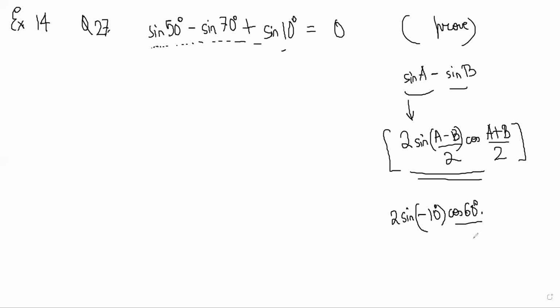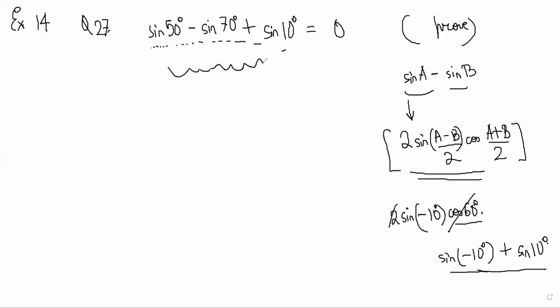What is that? Half. So it cancels the 2. So you have sine of minus 10 degree plus sine of 10 degree. So minus sine 10 plus sine 10. Yes, it cancels. Okay. So that is how it was solved.